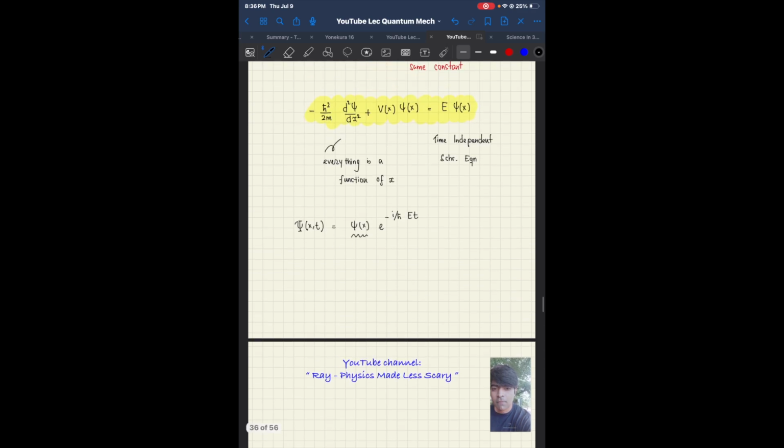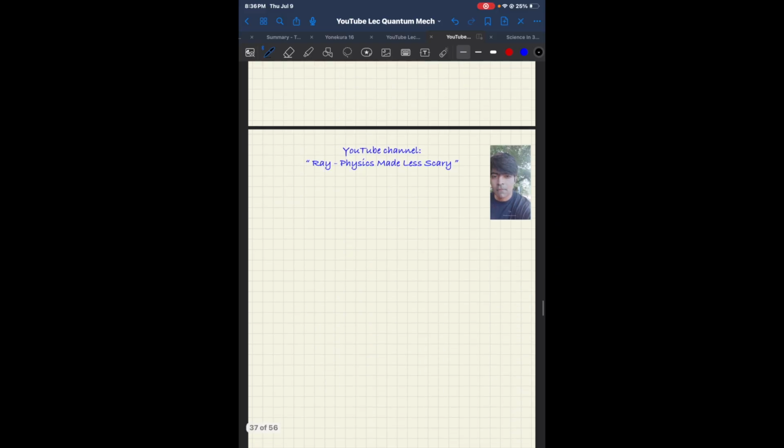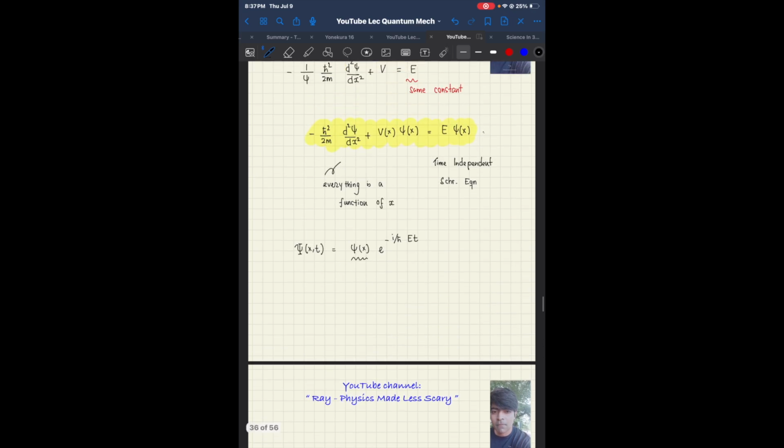So you see in the time-independent Schrodinger equation, which I have written here, let me call this H. Basically, what did I call H? It's simply this part, the operator acting on psi here.